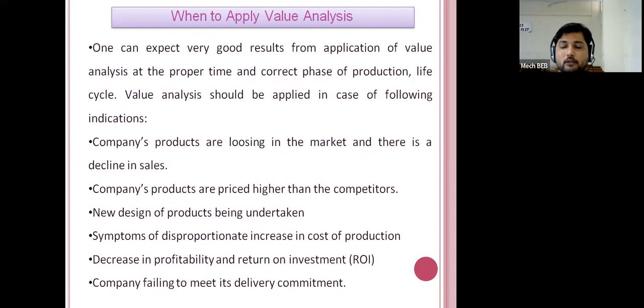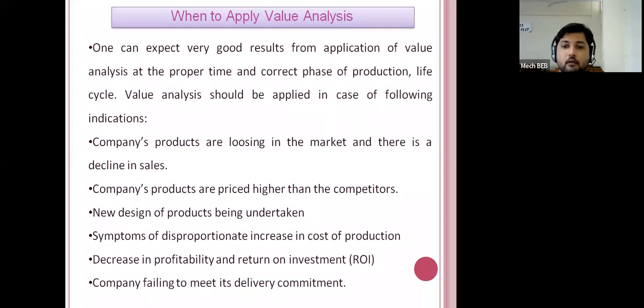To increase the value of an existing product, we need to apply the value analysis concept. So if the company is losing their product or market share, or we can say losing their customers, and their sales are declining, in that case the company needs to apply this value analysis concept.